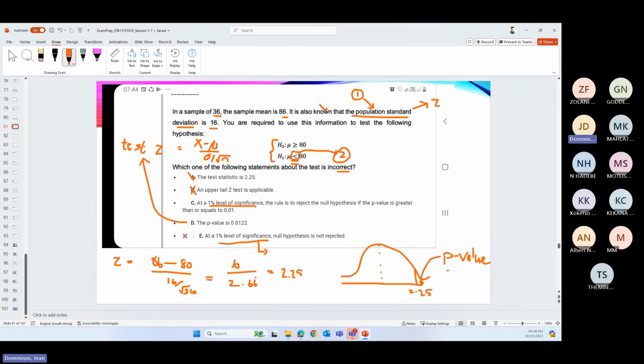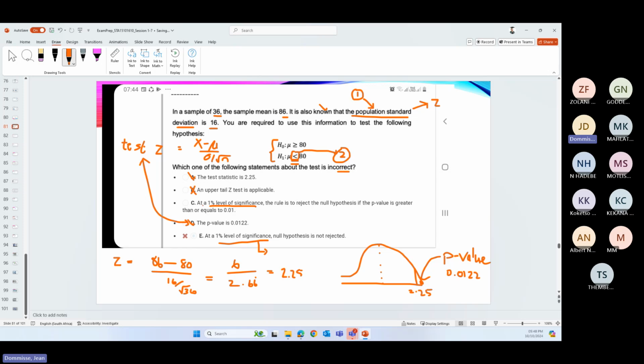So the p-value is 0.0122. Those two are linked to one another, the t-stat and the p-value. So that's nice, we've now covered those two.